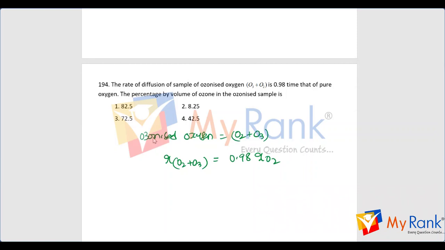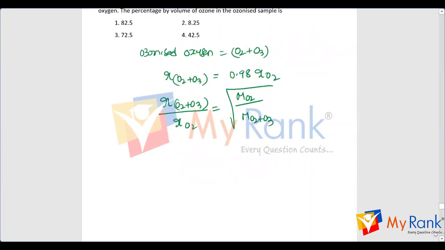Therefore, rate of diffusion of O2 plus O3 by rate of diffusion of O2 is equal to under root of molecular weight of O2 by molecular weight of O2 plus O3. Now, rate of diffusion of O2 plus O3 is 0.98 rate of diffusion of O2.